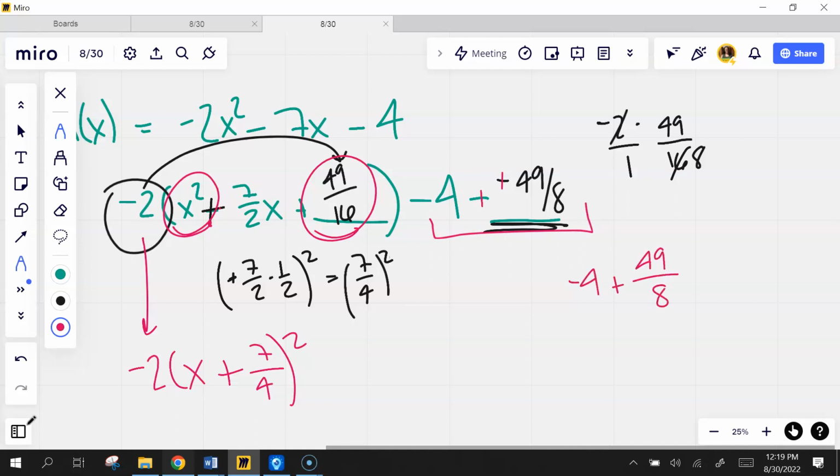And Lucy, I think this is where your question was coming in. Because these are fractions, they have to have the same bottom before I can combine them. In order to force them to have the same denominator, I can multiply the top and the bottom by 8. So I get -32/8 plus 49/8, which leaves me with 17/8, positive. And that's it.